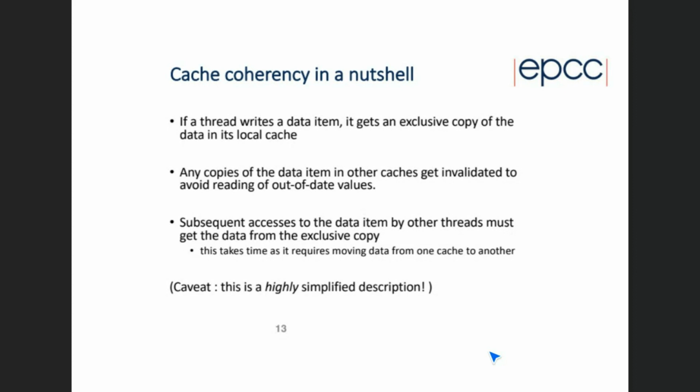And then subsequent access to that data item from other threads must get the data from wherever the exclusive copy is. And that's what takes the time, because it takes time to move data from one cache to another. Depending on the hardware, that may be going through main memory, or it may be going direct.